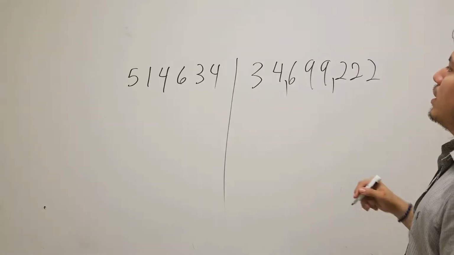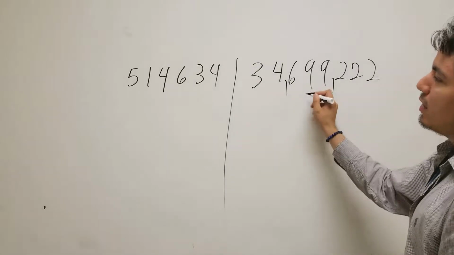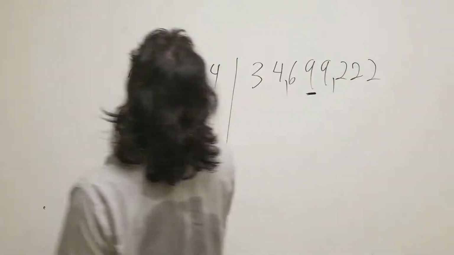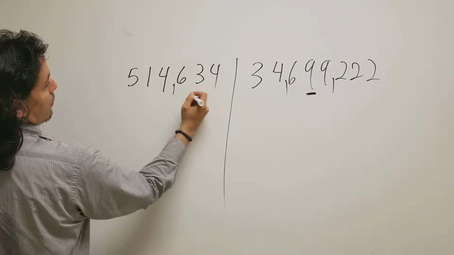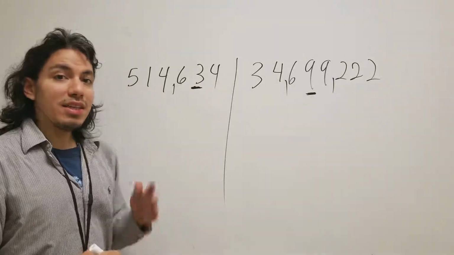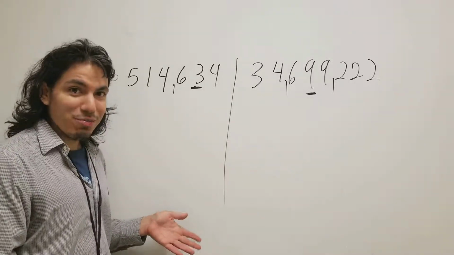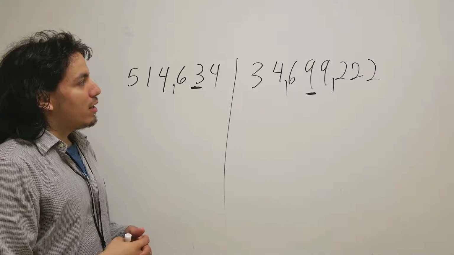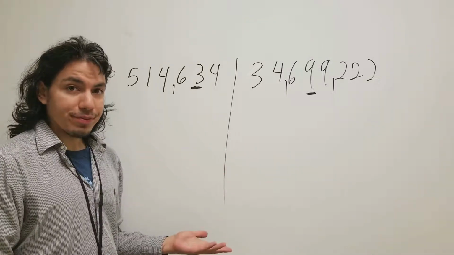I'm gonna underline this 9 here, and I'm gonna underline this 3 here. Ideally what you want to do is take a second, I'll give you a second to pause the video, to tell me what the place value is for each one.